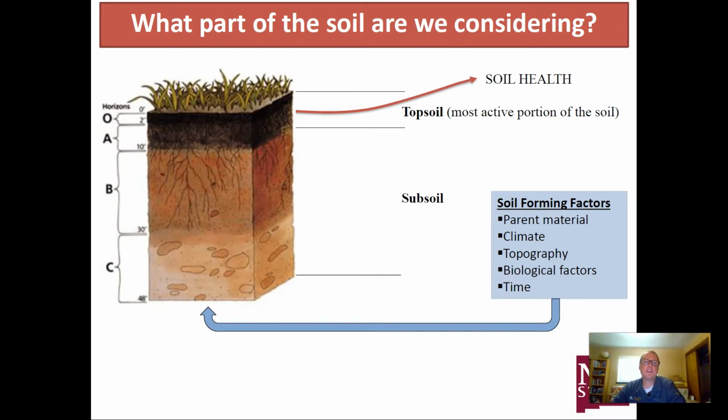Typically, the top foot of your soil is where most of the nutrients are going to be stored, and the organic matter will be active. So below your topsoil, you have your subsoil, which is composed of your B horizons, which is basically broken down parent material. The roots of some plants will go down into that layer. And then below that, you basically have your parent material.